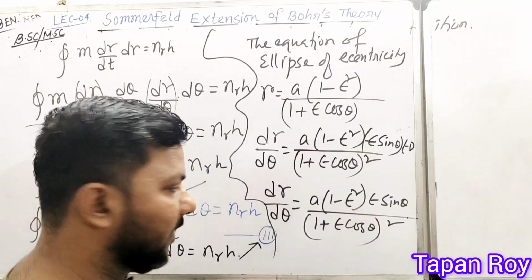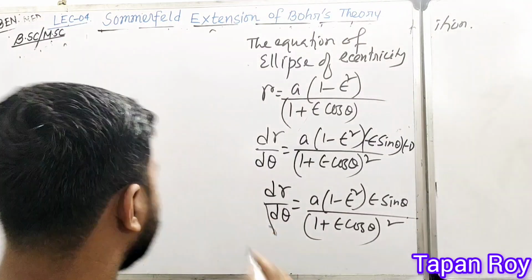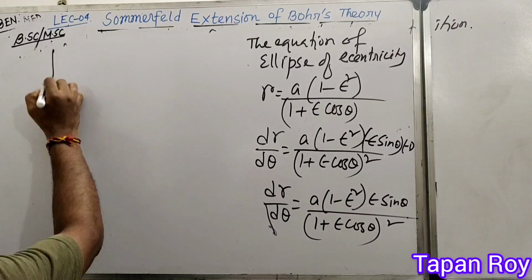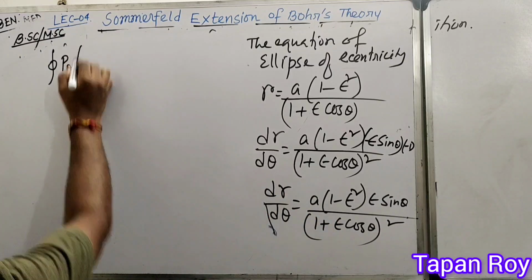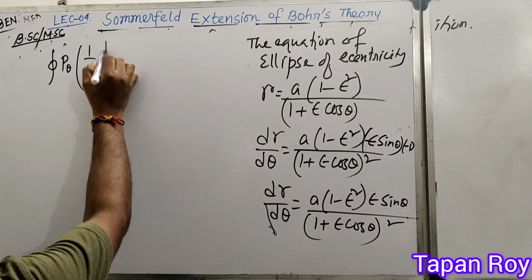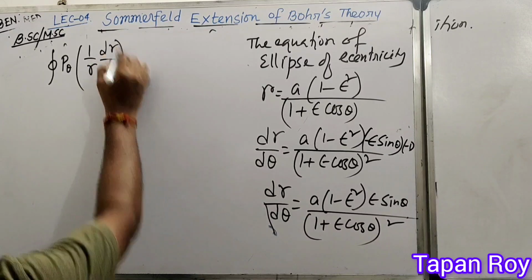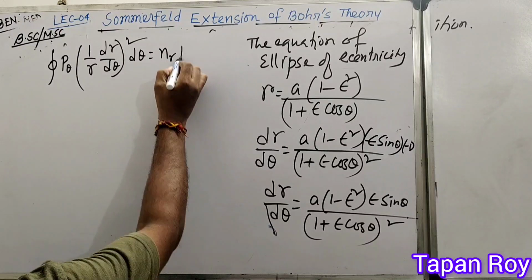So put here, right? Now we have to evaluate the following integrations. What are the integrations? Closed integrations p suffix theta, right, into 1 by r dr by d theta whole square into d theta is equal to nr into h.